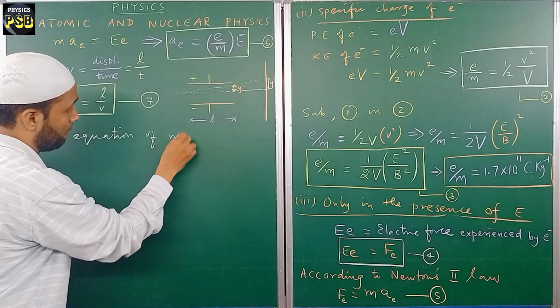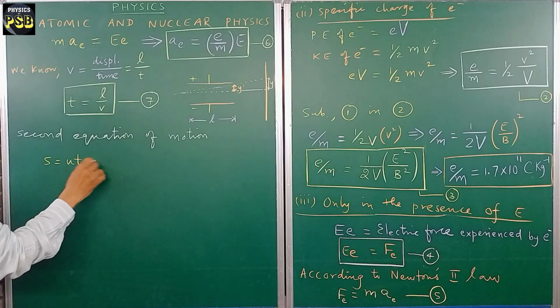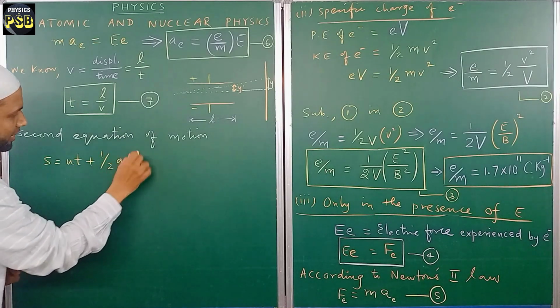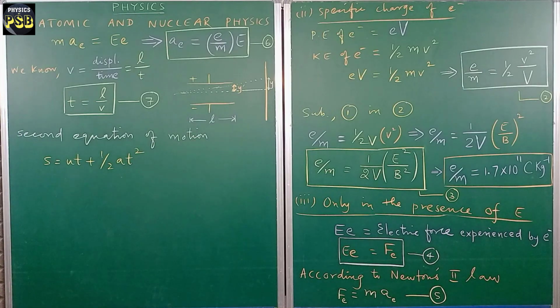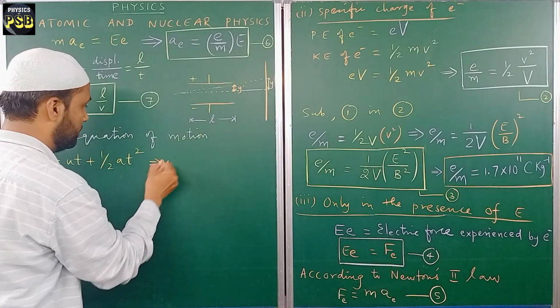Equation of motion. The second equation of motion is S equals ut plus half at square. In our case, S is nothing but y dash. S is the deviation in our case.